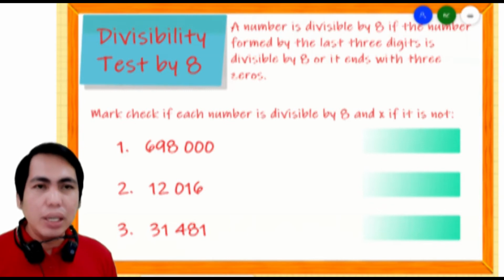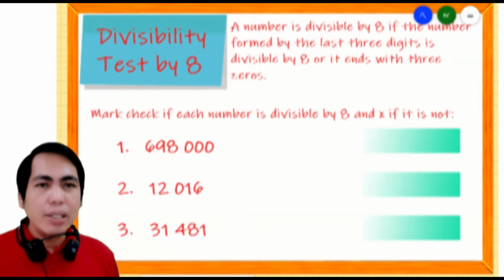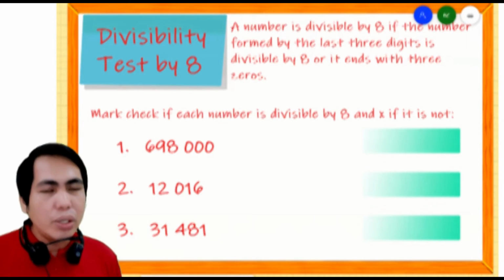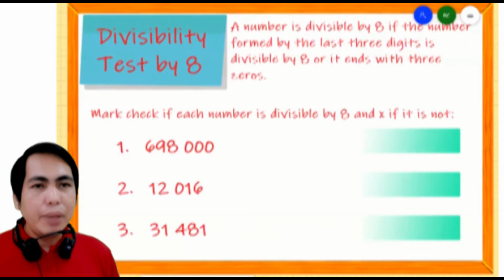If the last 2 digits are all zeros or it is divisible by 4, the original number will be divisible by 4. But for 8, we have to take the last 3 digits. If the last 3 digits are all zeros, or if the number formed by the last 3 digits is divisible by 8, then the whole number or the original number is divisible by 8.